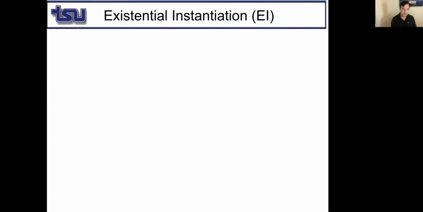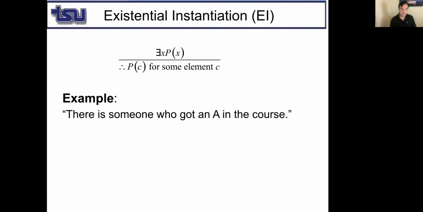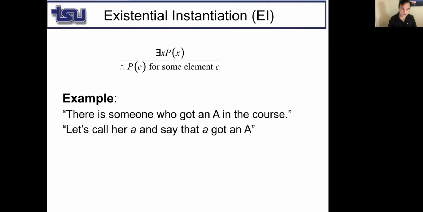For example, here, there is someone who got A in this class. If the domain is the students in the class, and I say there exists an x for P(x), that means there is at least one student in the class who has an A in the course, and we can call that student A, okay?